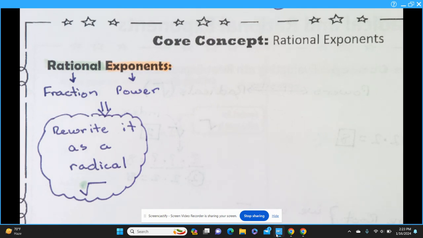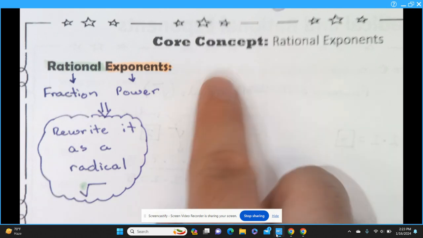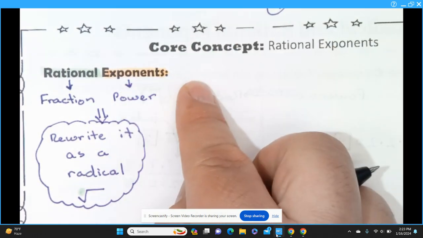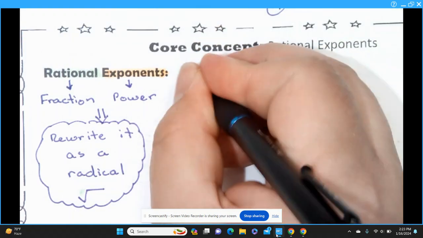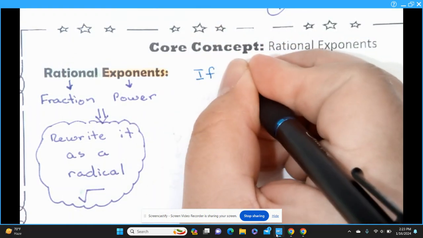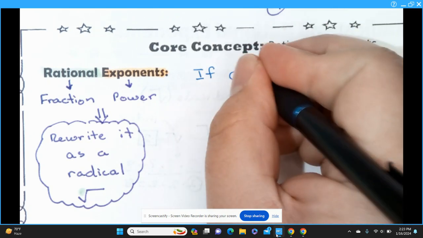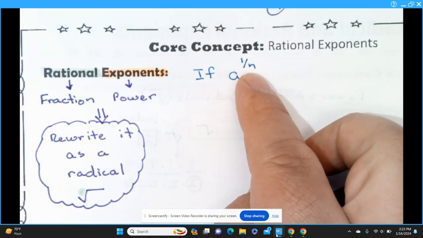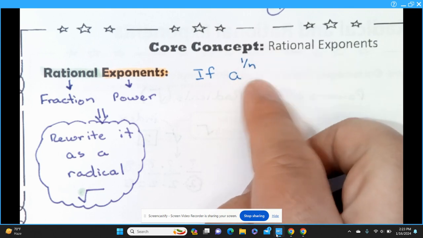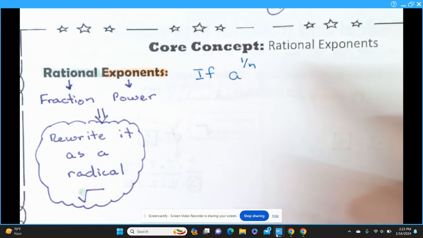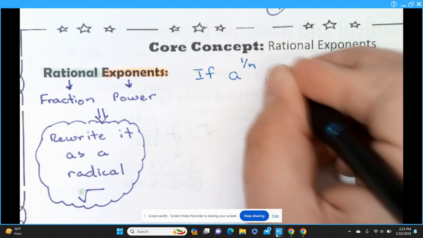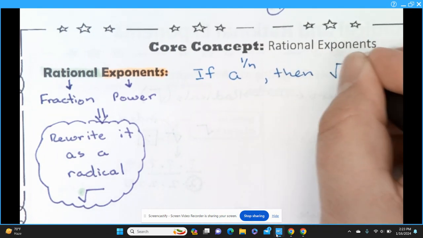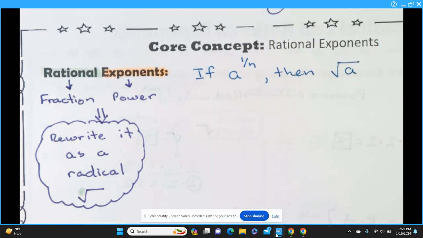So here we have our little note. We're still going to write something here on the side. Now, a rational exponent. So if A is equal to 1 over n, to the power of 1 over n, this is what we would call the nth root. If A is equal to 1 over n, then the radical of that would be, well, there's your A, as we mentioned earlier.